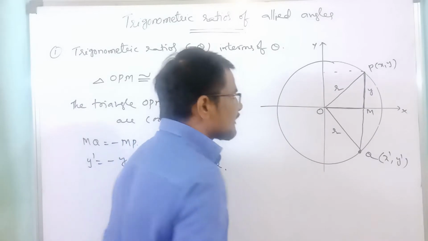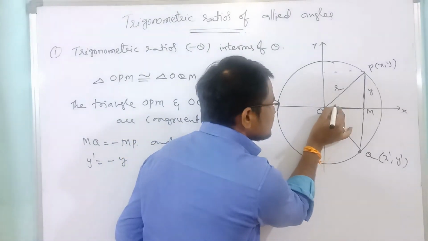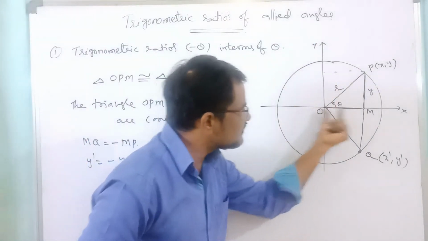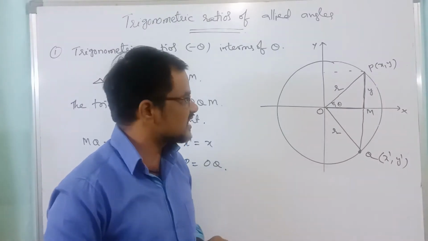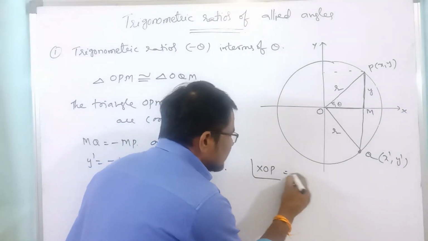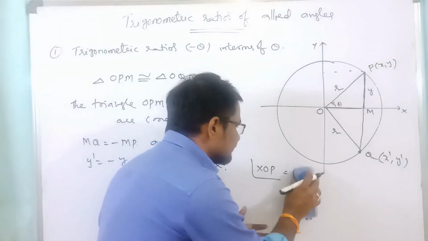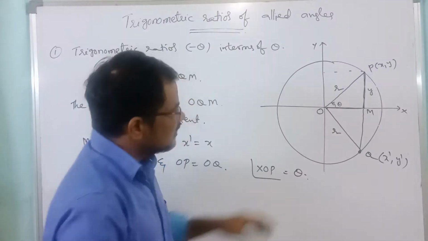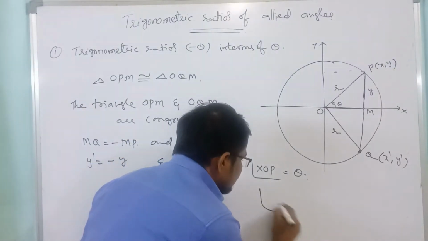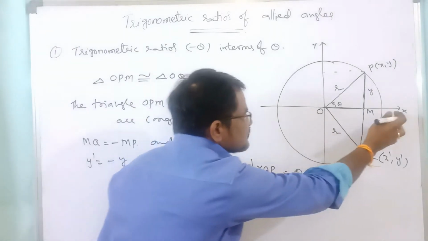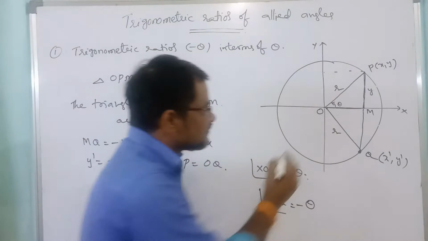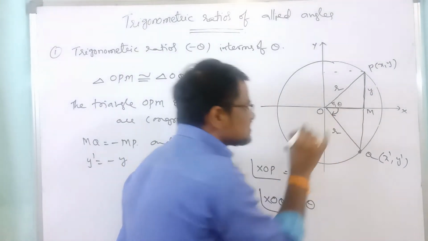Next, OP makes some angle theta with the positive direction of the x axis, means angle XOP is theta, and XOQ is also theta in magnitude, but the direction is like this.